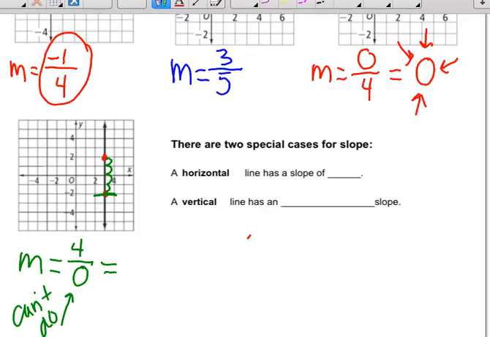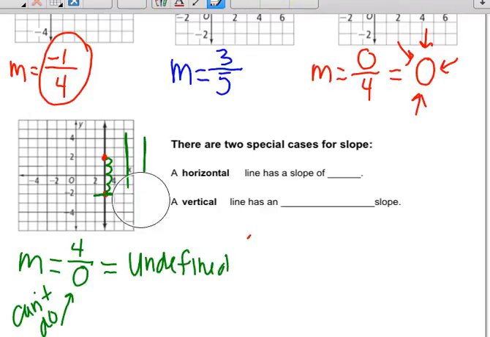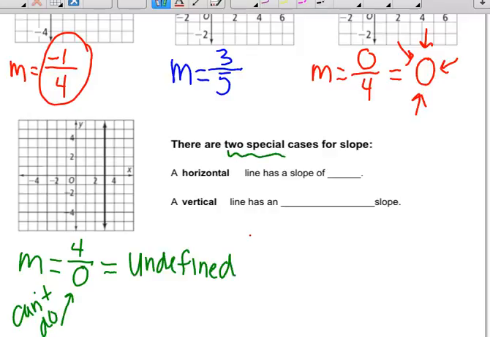So a vertical line, so an up and down line, has a slope of undefined. And that's what you say. A vertical line doesn't have a slope. It's undefined because you can't divide by 0. So these are our 2 special cases for slope. A horizontal line, which is this example we just did, has a slope of 0.